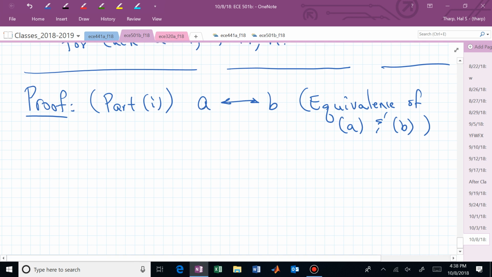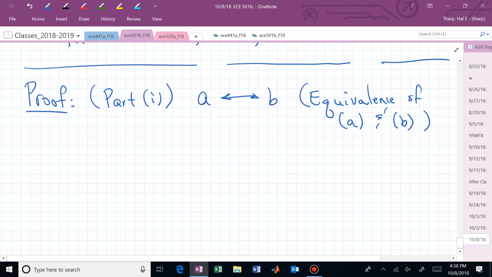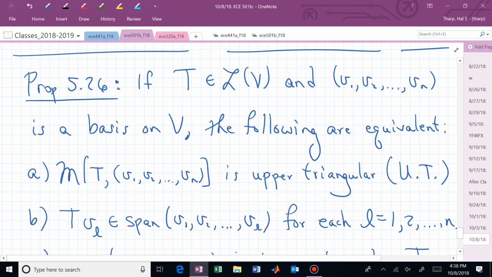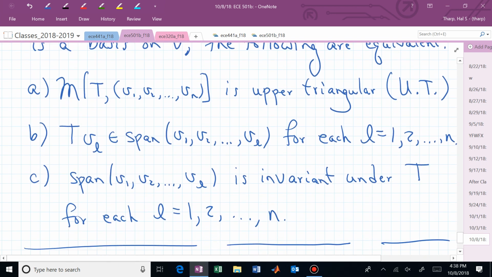So now let's look at A being equivalent to B, and that means that we need to show implication in both directions. So let's look at A implies B. And what was A? A was we have this matrix representation that's upper triangular, and B is that we have this nesting of basis vectors in terms of the span.